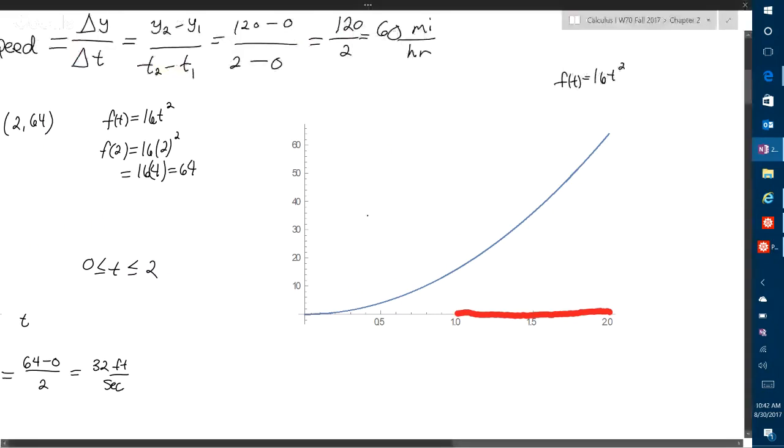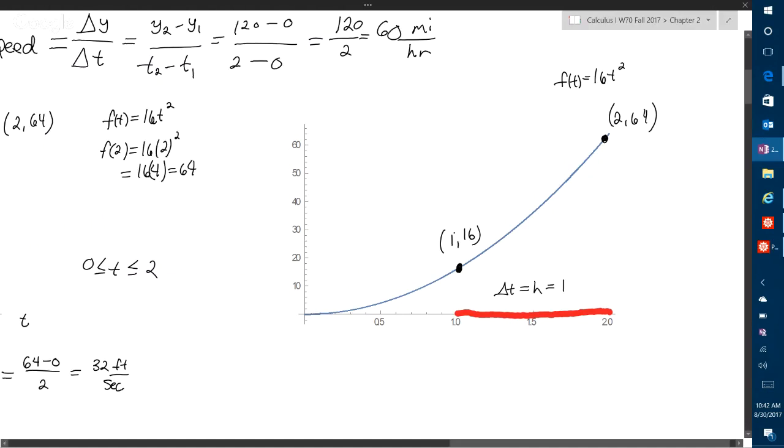At t equal to 1, what's the y value? If I substitute 1 into here, I get back 16. Good. And we already did it for 2. It's 2, 16, 4. So our delta t, or change in t, is the same as h, which in this case is 1.